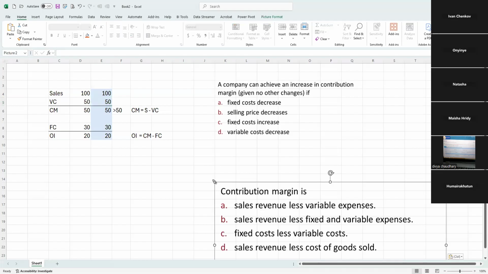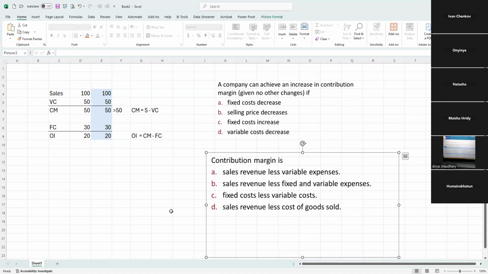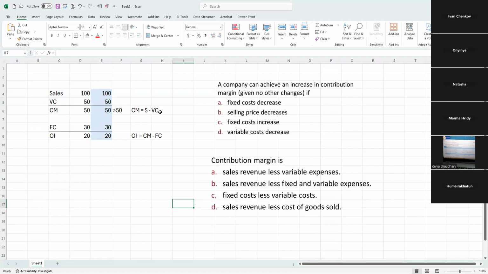Contribution margin is sales less variable cost. What about sales minus fixed and variable expense? That would give operating income. What is fixed cost minus variable cost? It's nothing, there's nothing.